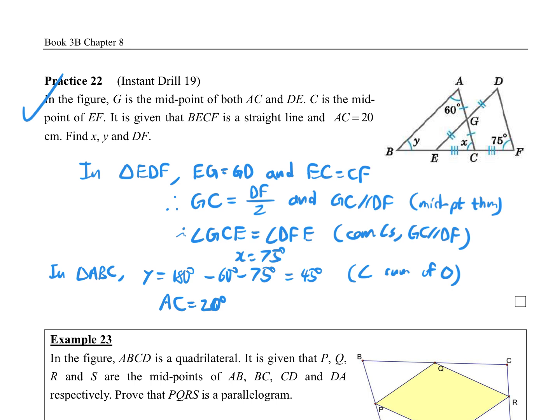Sorry, AC is 20 cm, so GC is half of AC, is 10 cm. Therefore, DF is 2 GC. You may say it's proved, and therefore 20 cm.